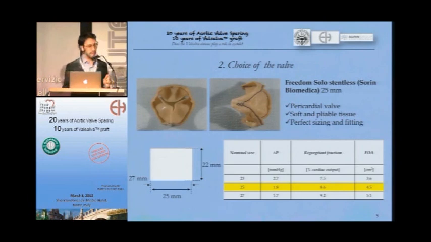Then the second step was the choice of the valve. We chose a Freedom Solo stentless, a Sorin Biomedica valve, with an inner diameter of 25 millimeters. The Solo stentless is a pericardial valve with soft and pliable tissue and perfect sizing and fitting.